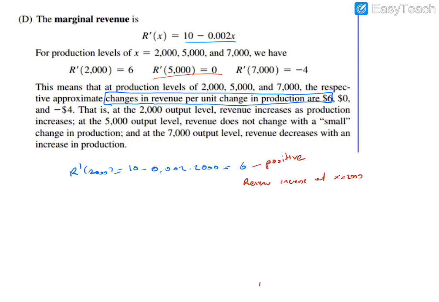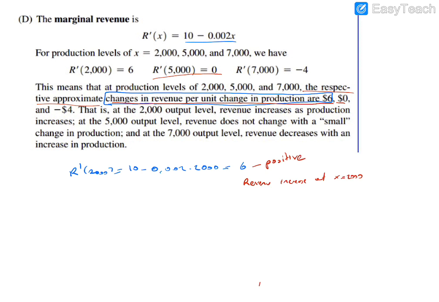At the 5000 output level, revenue does not change when x changes a small amount. The change in the revenue per unit change in production is $0. You can say similar sentences from here. It is explained in your textbook, so instead of repetition, we move on.